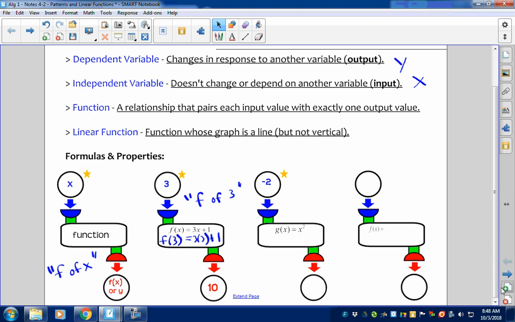Next semester we'll be studying what are called quadratic functions. So if we take -2 and we plug it into the g of x function, it's g of -2 equals -2 squared. Remember, -2 squared means -2 times -2, which should be a positive 4. There are lots of different functions we study.